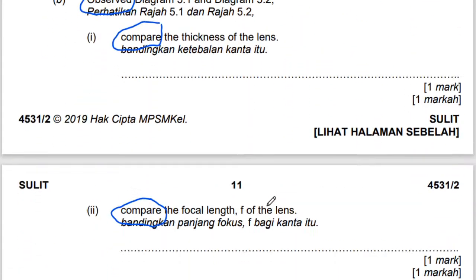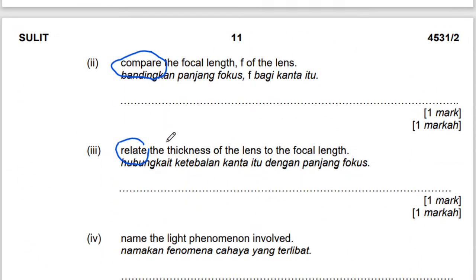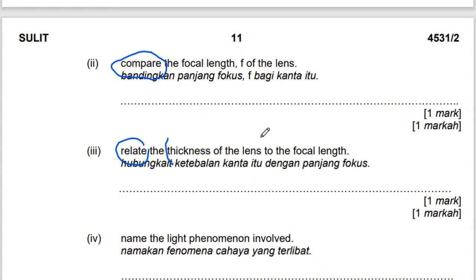Okay, next question. So relate the thickness. Okay, you see the word relate. After the word relate, there will be two physical quantities. So now we have thickness of the lens and the focal length. So when the question asks you to relate, you write your answer as if you are writing a hypothesis.